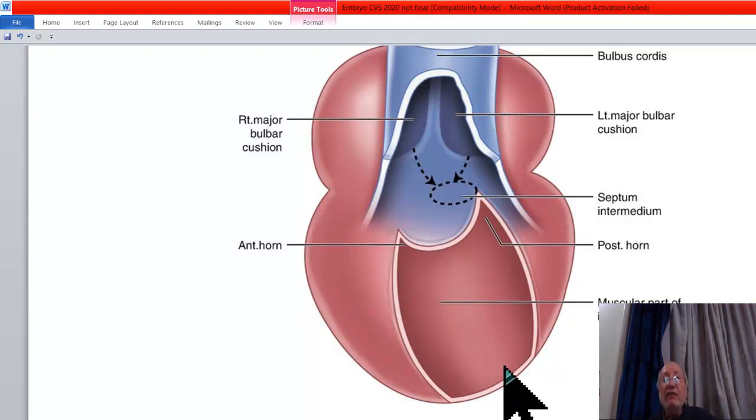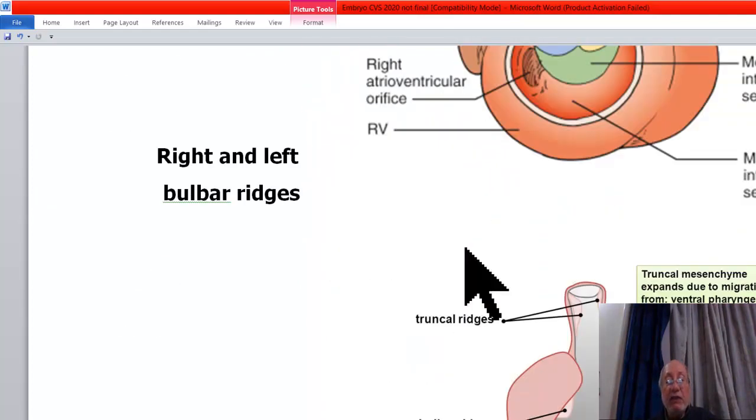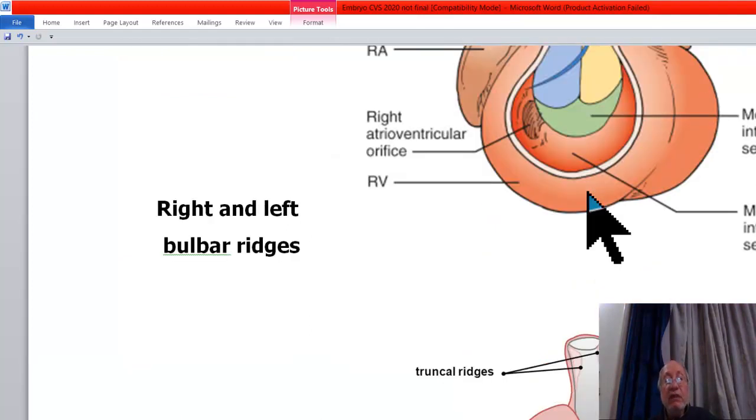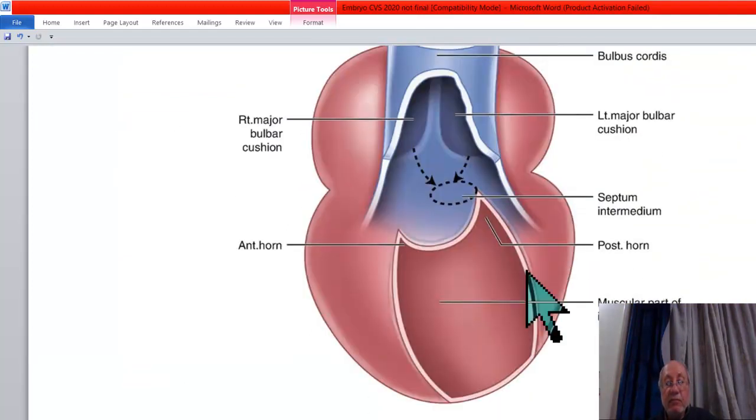Therefore, the muscular part of the interventricular septum develops from the floor of the common bulboventricular chamber by proliferation of myoblasts cranially to form the crescentic ridge, which forms the muscular part of the interventricular septum. And there is an opening here called the interventricular foramen.